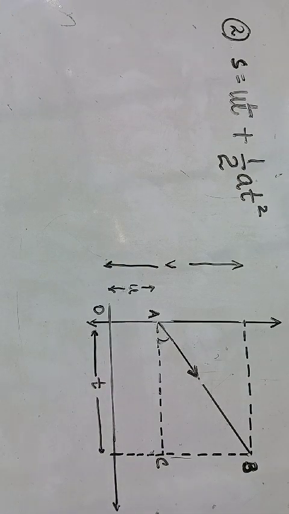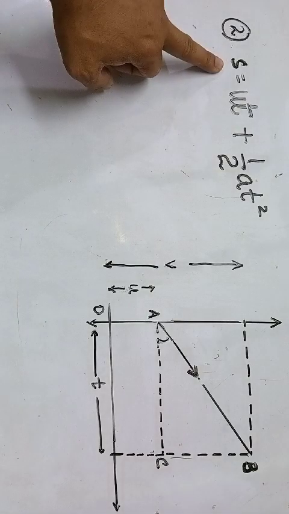S is the displacement. Now the moment this S comes into our thought process, we understand that S is displacement. Now we have a velocity versus time graph available with us, and we have to get displacement.